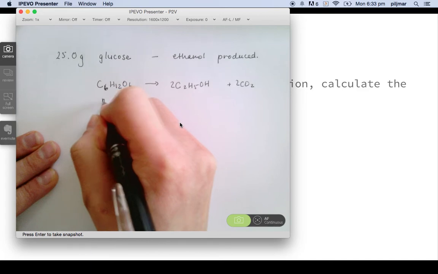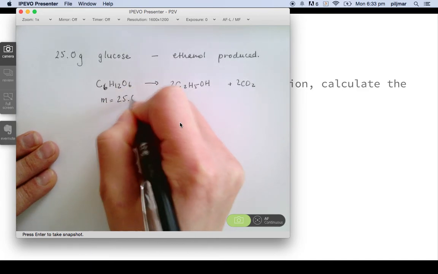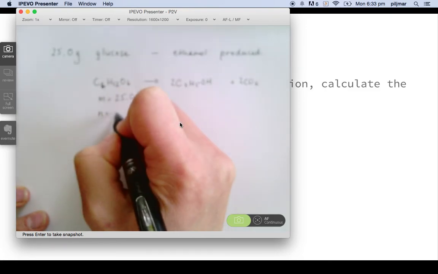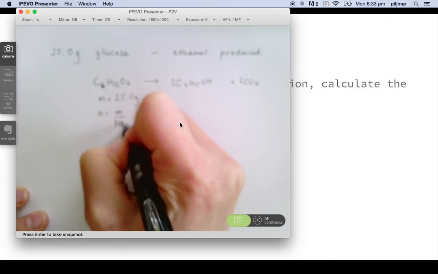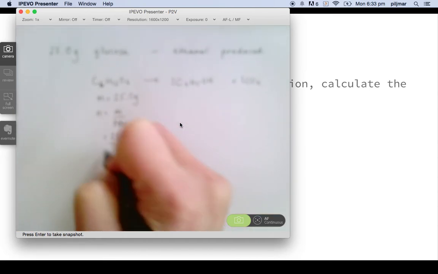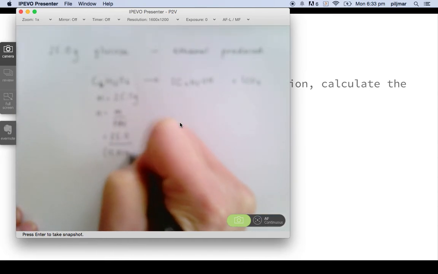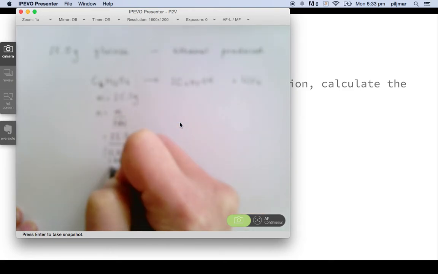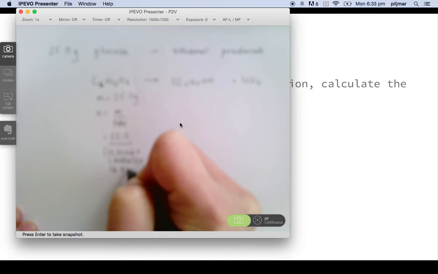So if our mass is equal to 25 of glucose, that was what was reacted, I then work out the number of moles, which is mass over molar mass, which is equal to 25.0 and 12.01 times 6 plus 1.008 times 12 plus 16 times 6.